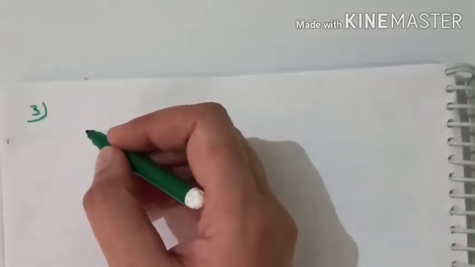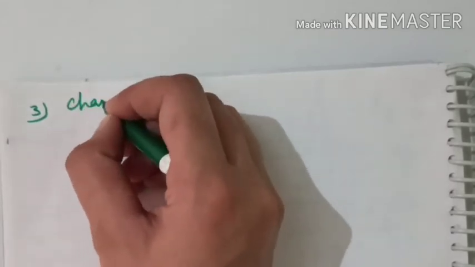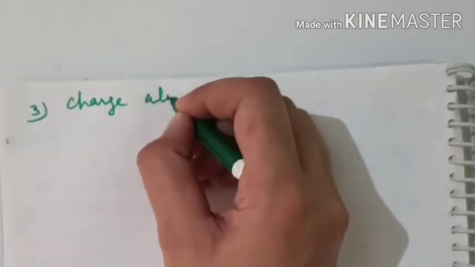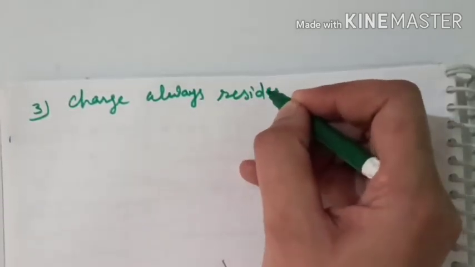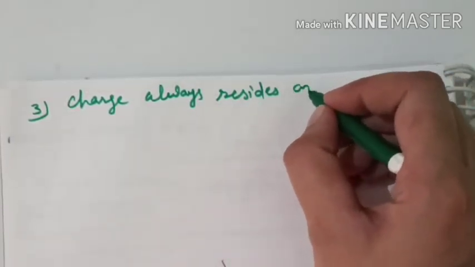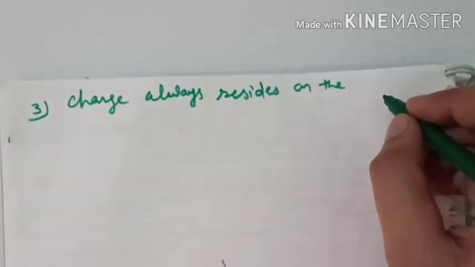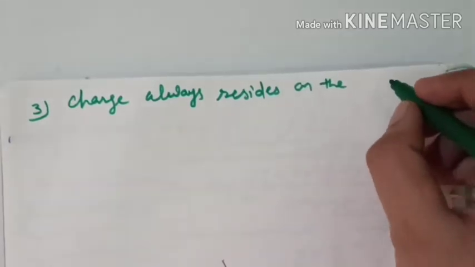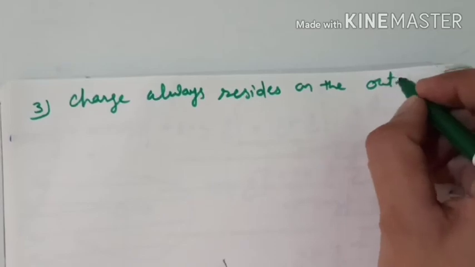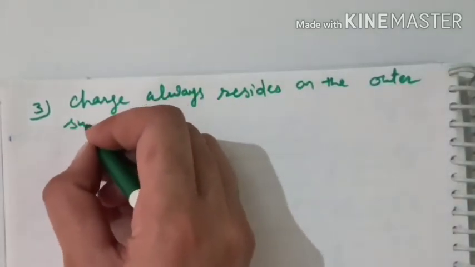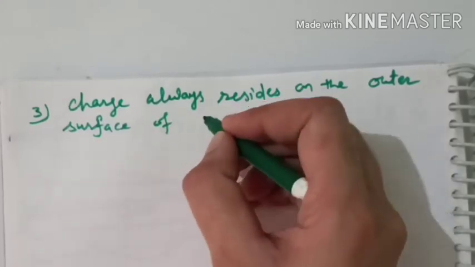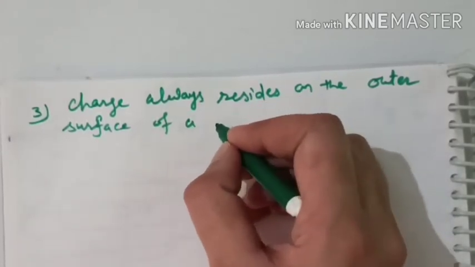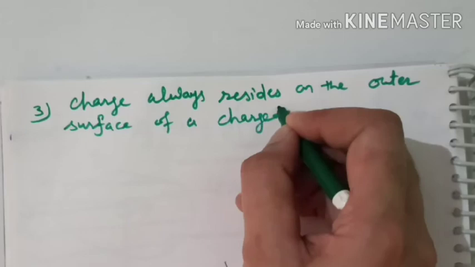Third property is charge always resides on the outer surface of a charged conductor.